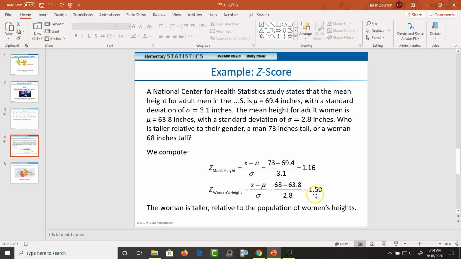Because the z-score is 1.5 for the woman, she is relatively taller compared to the man, even though her actual height, 68, is less than 73, but with respect to her group, she is relatively taller. So that is how, by converting a raw score to a z-score, we are able to compare apples to oranges.